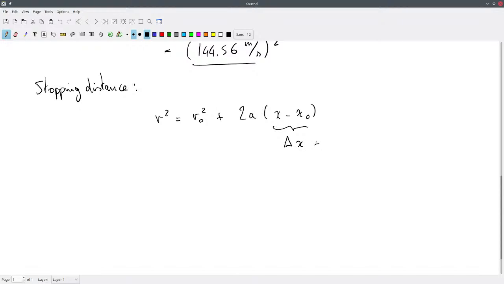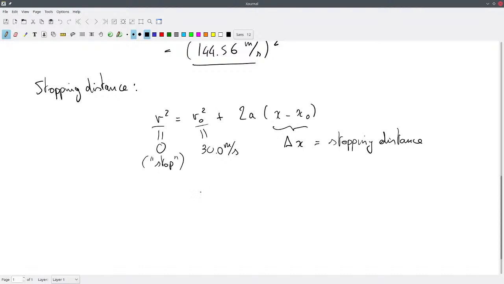That is the stopping distance, right? So we're going to calculate now what delta x is in terms of v and v0. v is equal to 0. That's what it means to be stopped, right? v0 is 30.0 meters per second.